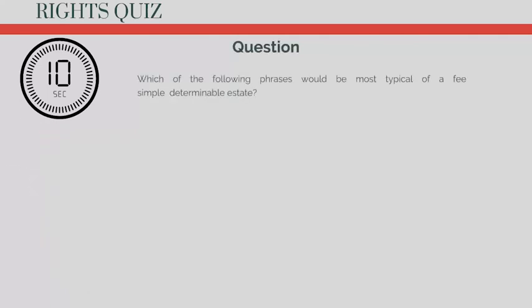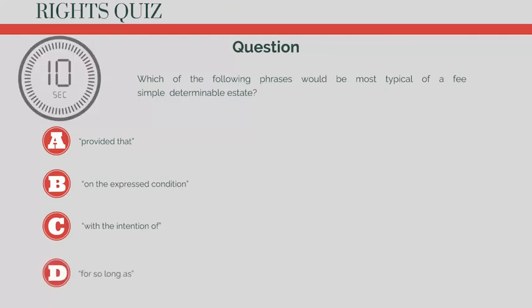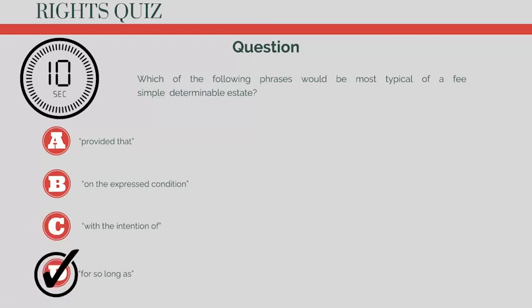Which of the following phrases would be most typical of a fee simple determinable estate? Provided that, on the express condition, with the intention of, or for so long as. D, for so long as.